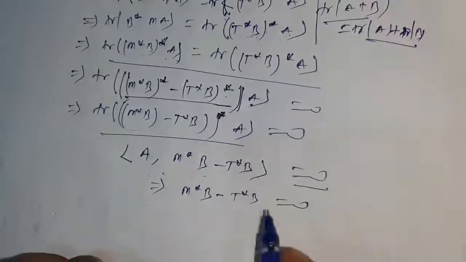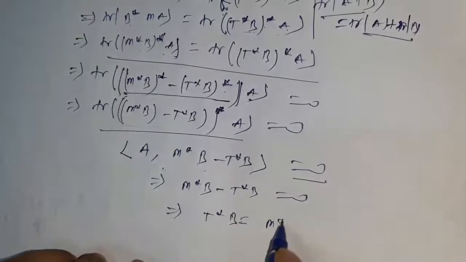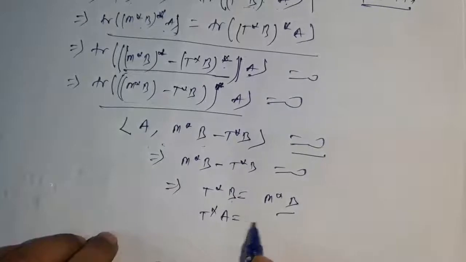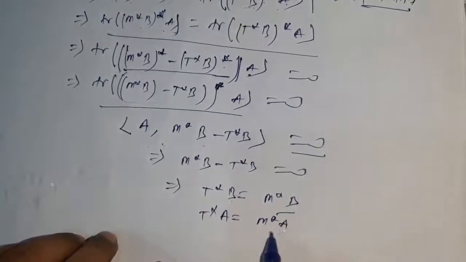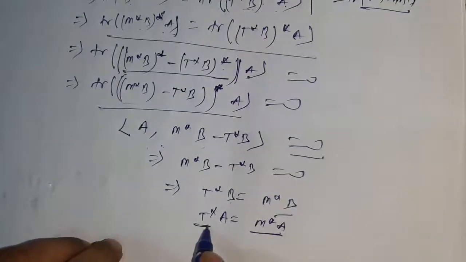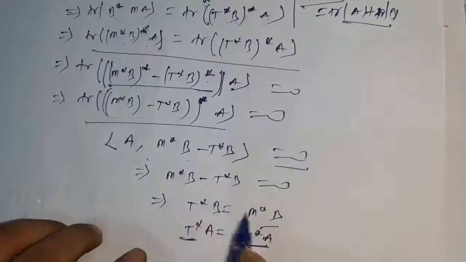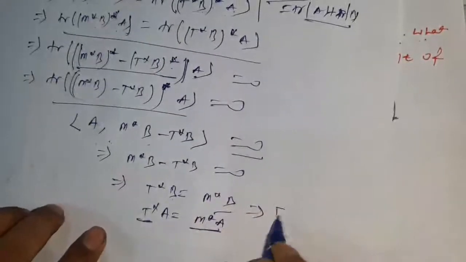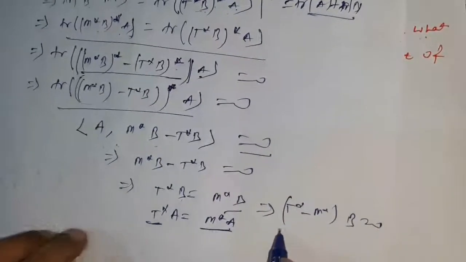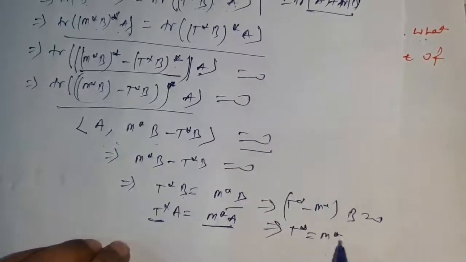So what we get here is T star B is equal to M star B. So in place of B, if we take A, then its value will similarly be M star A. So what will be the value of T star? We can proceed further like this: T star minus M star is equal to 0. So after proceeding, T star is equal to M star.